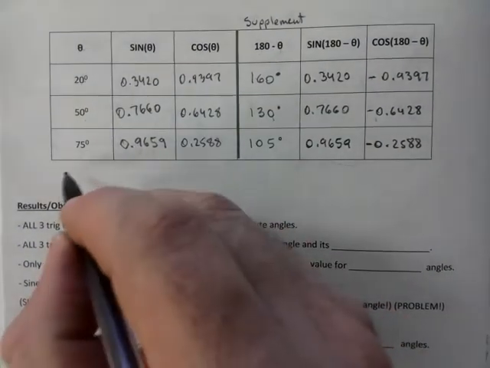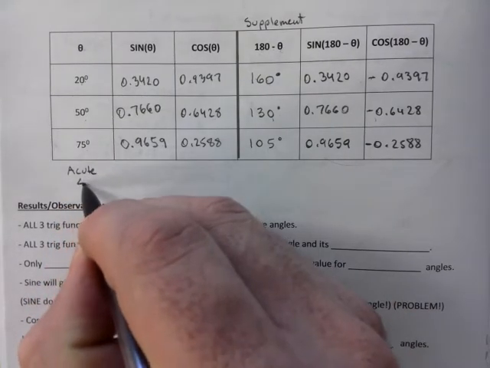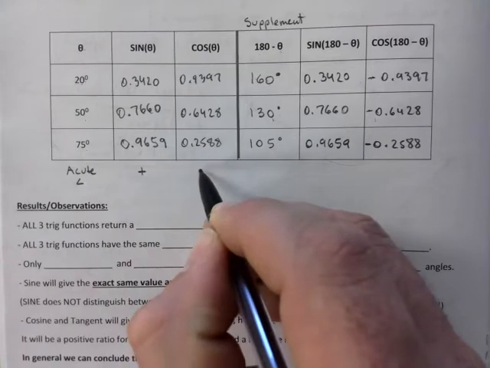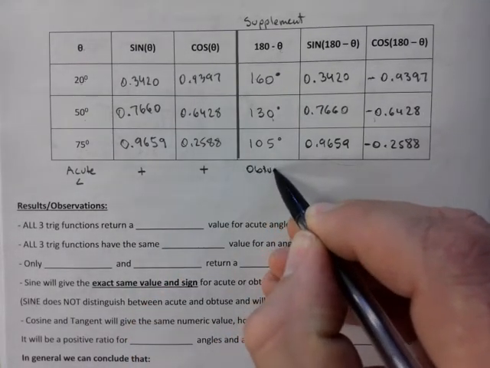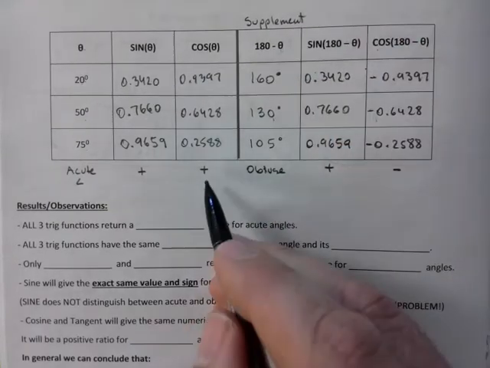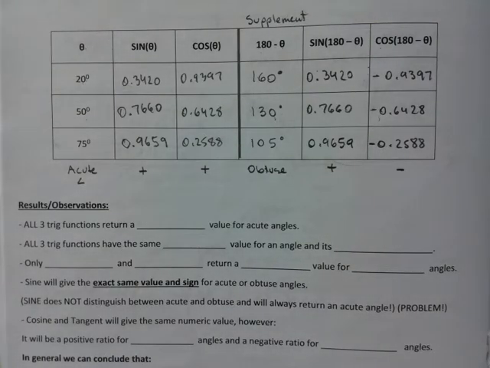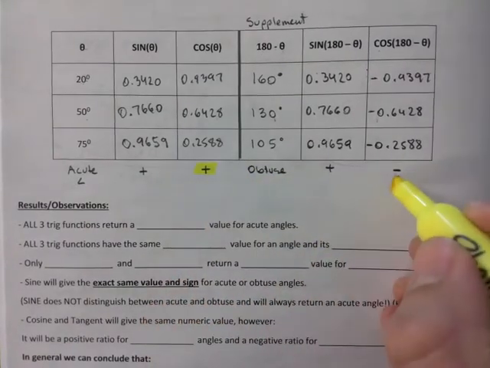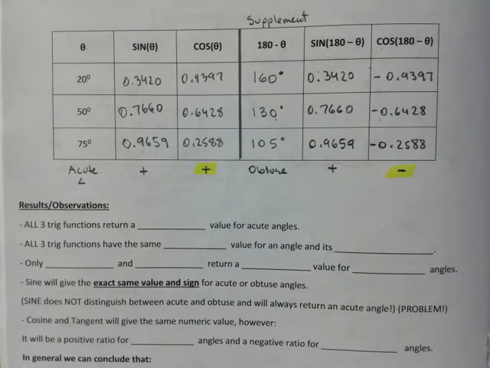And a couple things. If the angle is acute, you get positive, positive, right? If the angle is obtuse, you get positive, negative. So something to notice here is that cosine makes a distinction, right?